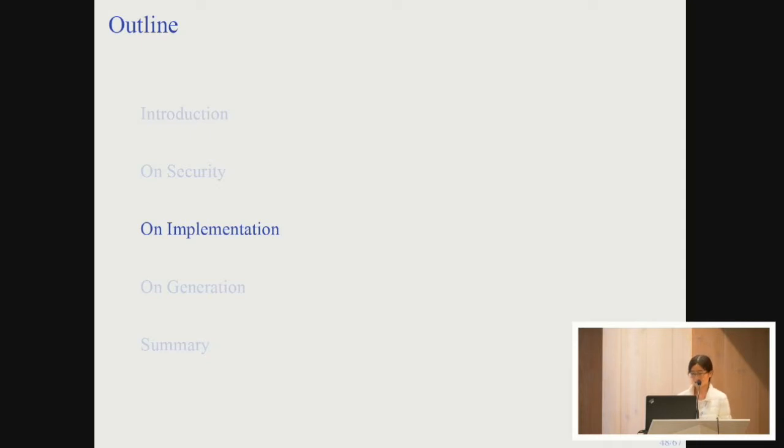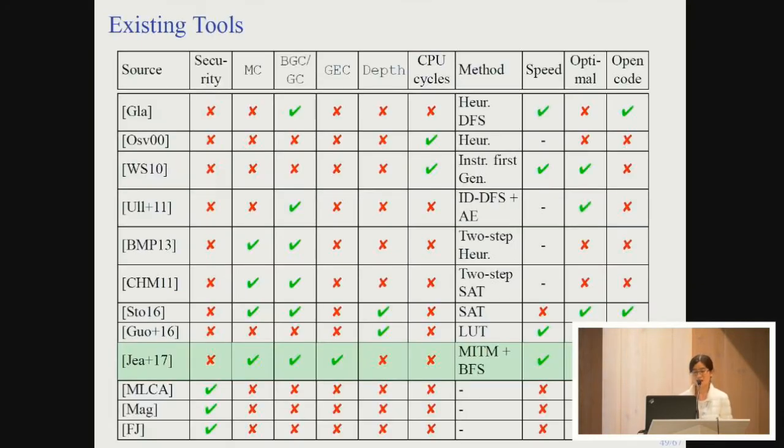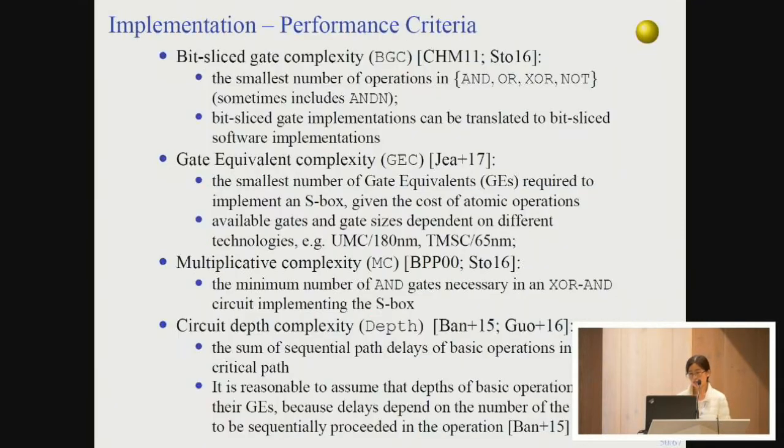On the implementation aspect, we first provide a survey of existing tools. Through the comparison, we found a tool named Lighter, provided by Jean et al., which has the most features, acceptable speed, and is open source. So we want to build the implementation-aspect functionality based on Lighter.